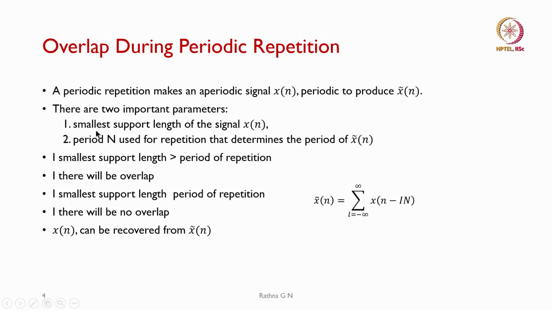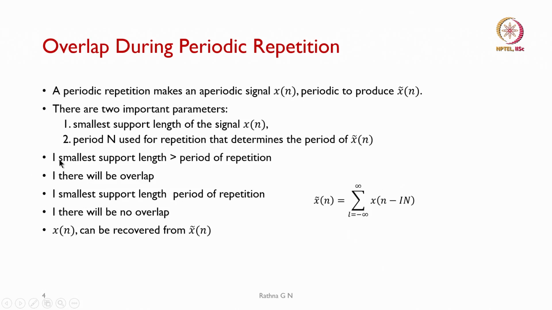So, what we are going to do with overlap during the periodic repetition. We say that periodic repetition makes an aperiodic signal x of n periodic to produce x tilde of n. There are two important parameters in this case: the smallest support length of the signal x of n that we need, and the period N used for repetition, that determines the period of x tilde of n.